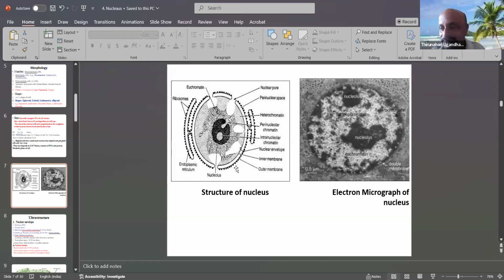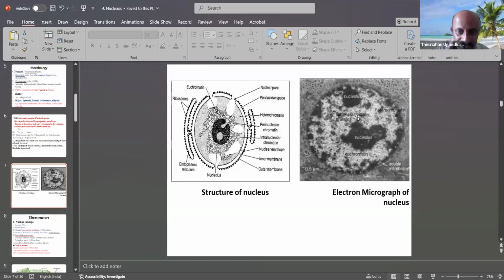Two membranes are there. The nucleus has a semi-permeable membrane, similar to the plasma membrane activity, which is a major important character of the cell.